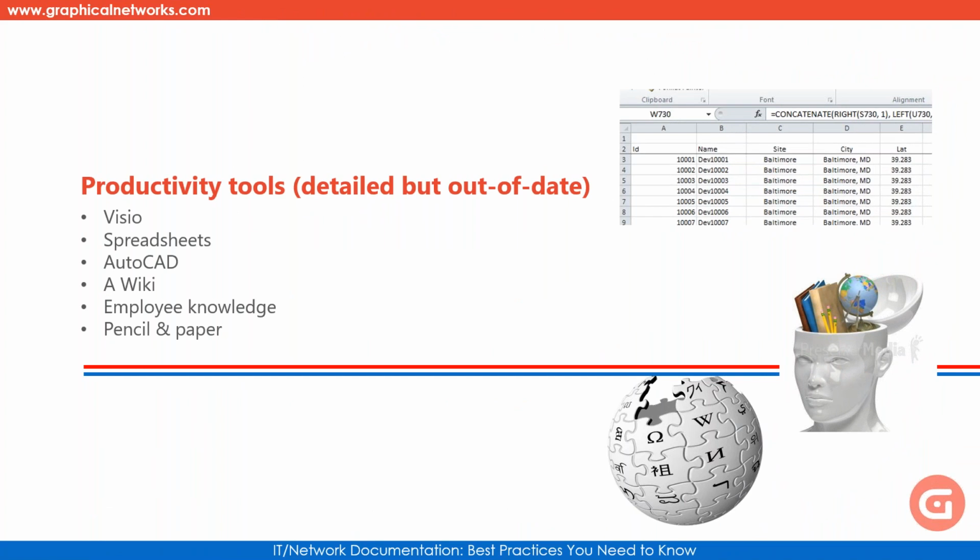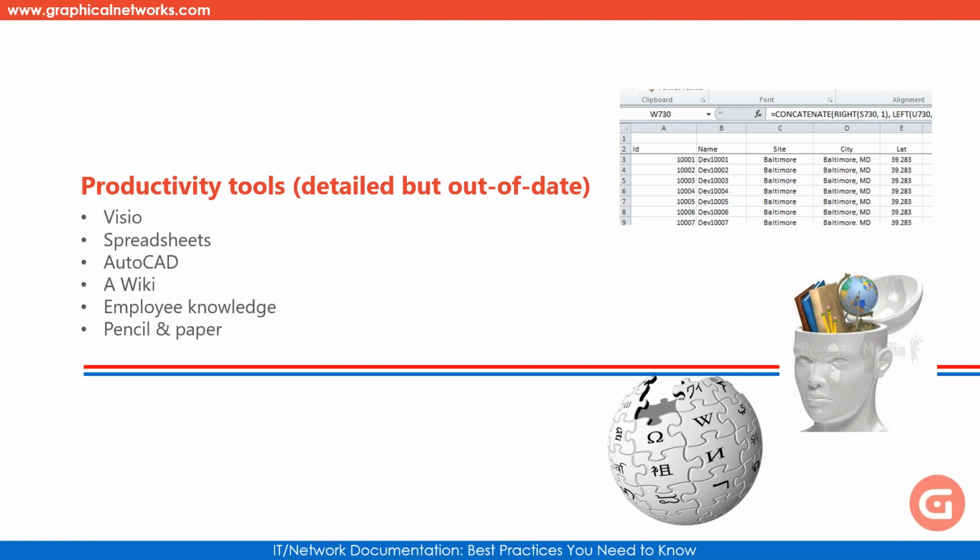So the productivity tools, which is what I hear most of the time a lot of people use, Visio and spreadsheets. How can we get out of documenting diagrams via Visio and spreadsheets? So what I hear from a lot of organizations is that it's usually out of date. So if there's a way to help automate the network documentation, how would that benefit your organization as a whole? Some customers don't even have any detailed network diagrams.